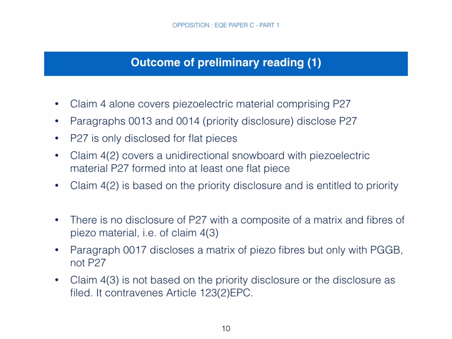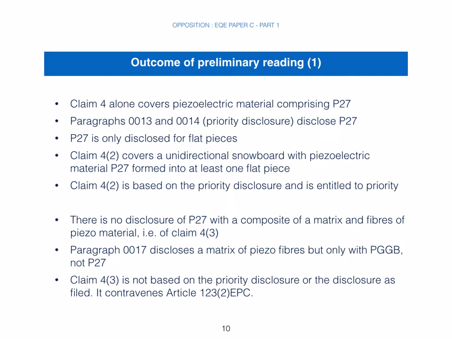When we come to paragraphs 13 and 14 of Annex 1, which is part of the priority disclosure, we notice that P27 is disclosed in the application, and we notice also that P27 was disclosed only for flat pieces.